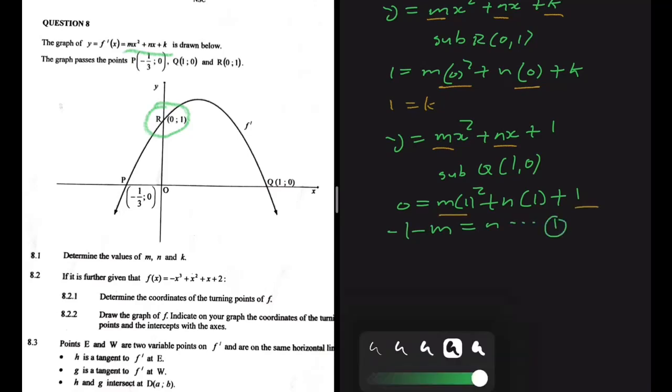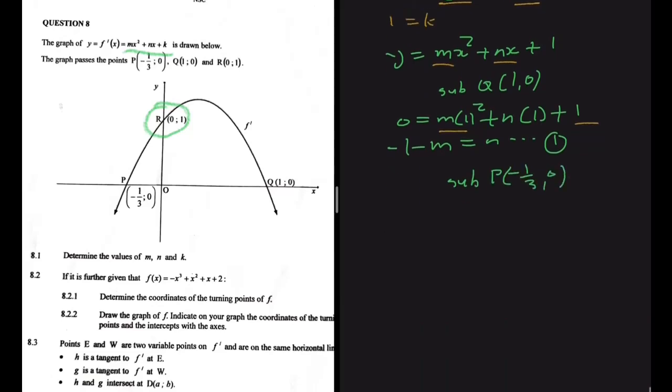From here we can substitute our point P, which is (minus 1 divided by 3, 0), into our equation, right? The y value is 0, so we get 0 equals m multiplied by (minus 1 divided by 3) squared plus n multiplied by (minus 1 divided by 3) plus 1.